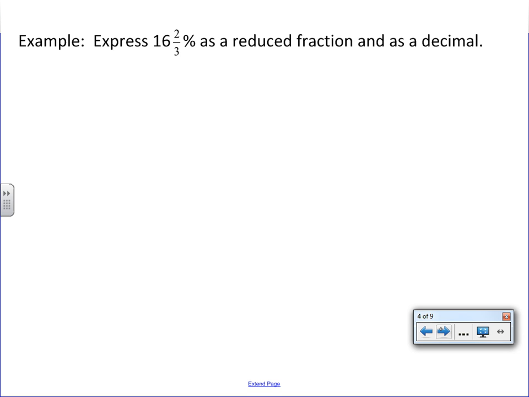So in this case, we're changing a percent to a fraction. So instead of multiplying by 100, I'm going to divide by 100 because percent means per 100. Remember, cent means 100. There are 100 years in a century. There are 100 cents in a dollar. So I'm going to write this percent over 100.